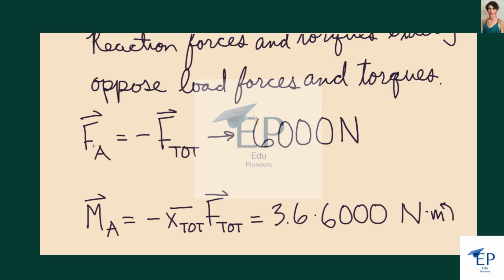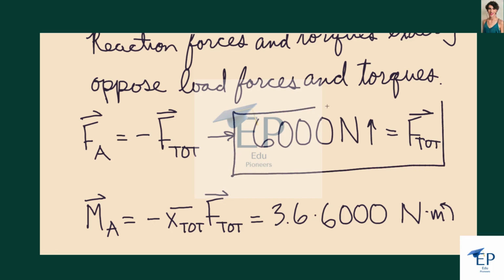So our reaction forces have to exactly oppose those. So it will point upward. Actually, let's be strict here and write it out as a vector equation. Let's box that.